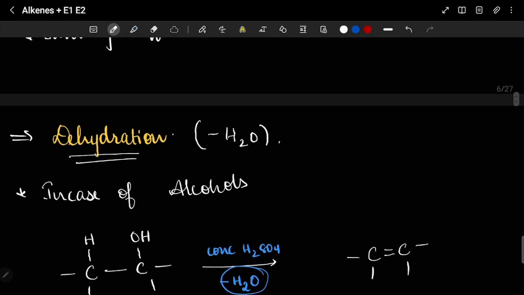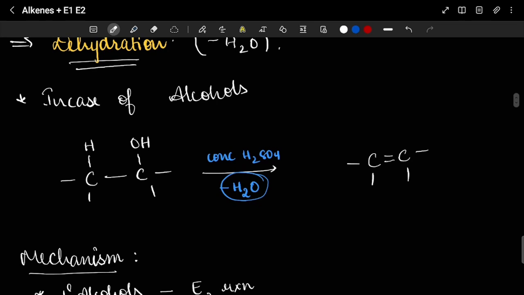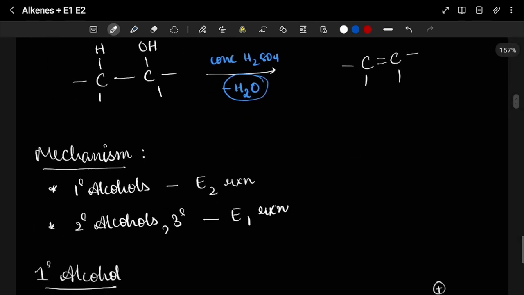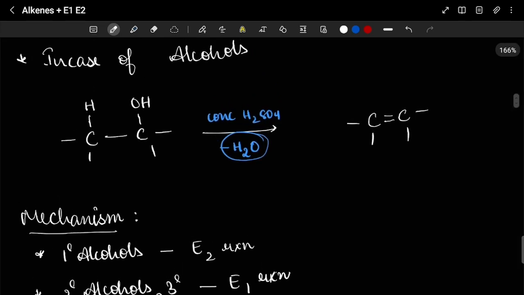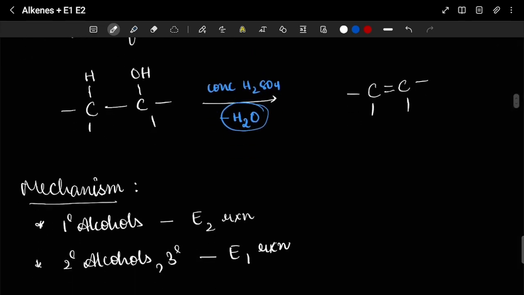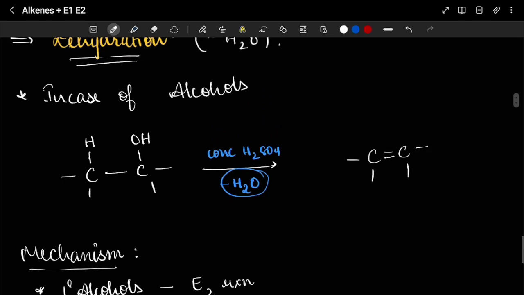So next one we have the dehydration reaction. Dehydration happens in the case of alcohols, because in alcohols we have OH and you can remove an H combined with OH. Primary alcohols undergo E2 reaction and secondary and tertiary alcohols undergo E1 reaction.